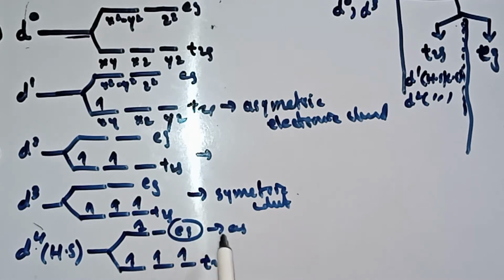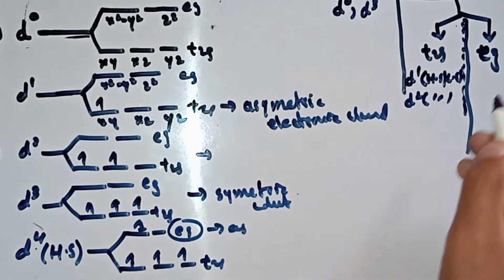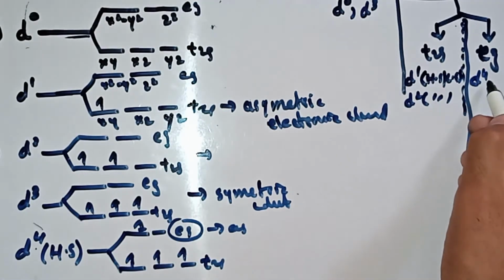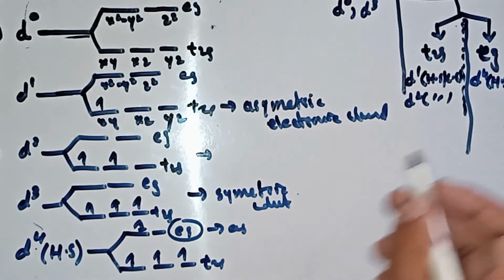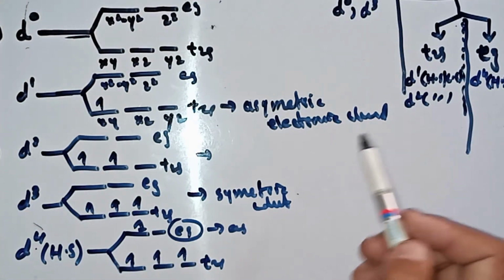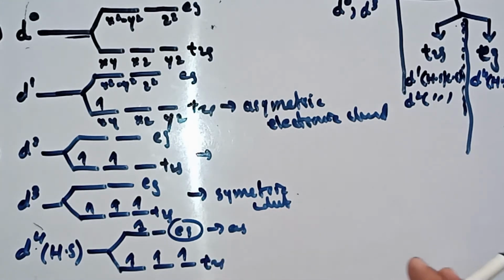When eg has an asymmetric arrangement, eg distortion will occur. So in the d4 system, when it is a high spin complex, eg distortion will occur. You can take a screenshot from this position.